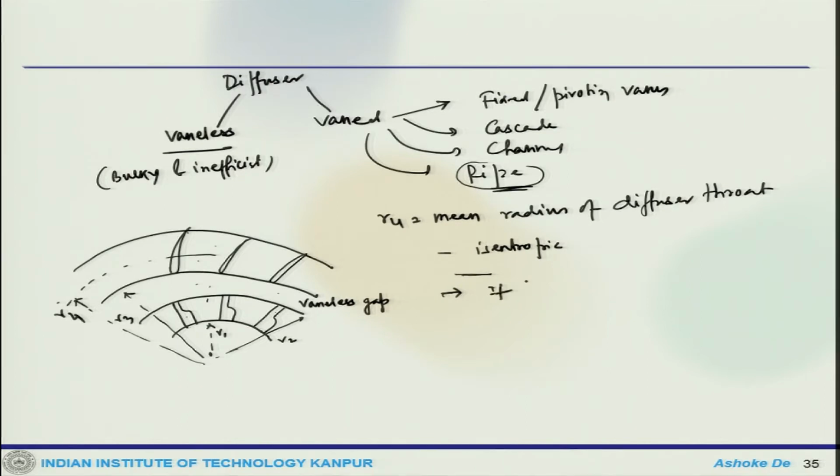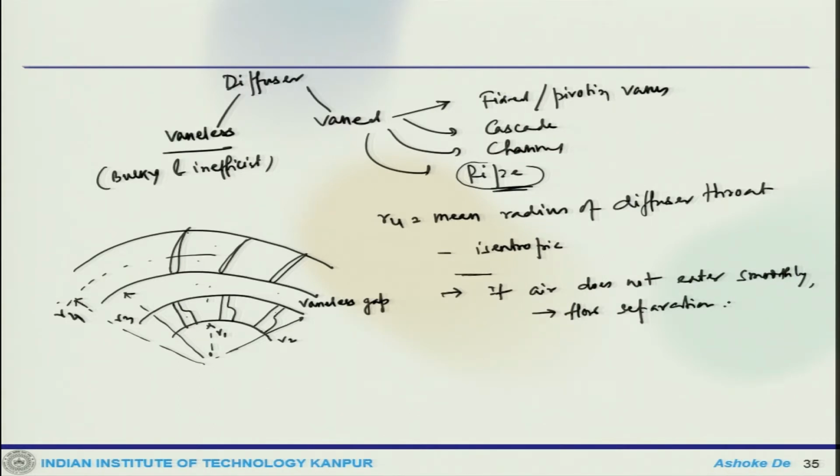If air does not enter smoothly, then what will happen? There would be flow separation, and because of the flow separation, there would be performance degradation in the compressor.